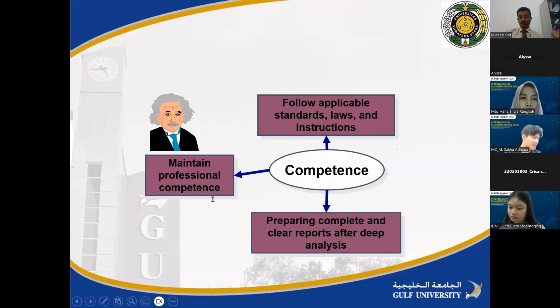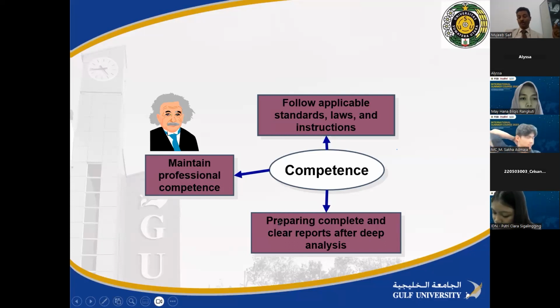We should improve ourselves and learn about new tools coming in the future, because technology is now being used, which can help managerial accountants provide quick and correct reports. So we should maintain professional competence.